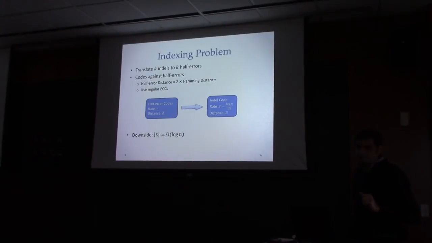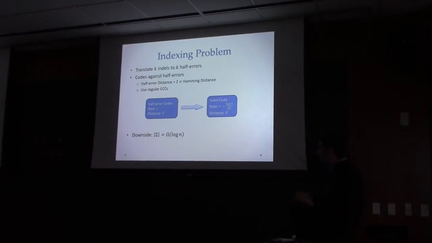The extra log is just the index, right? Yes, exactly. And as I mentioned before, the downside is that this method requires the size of sigma being omega of log n, which is too large. We are particularly interested in finding error correcting codes over alphabets whose size is constant in n.